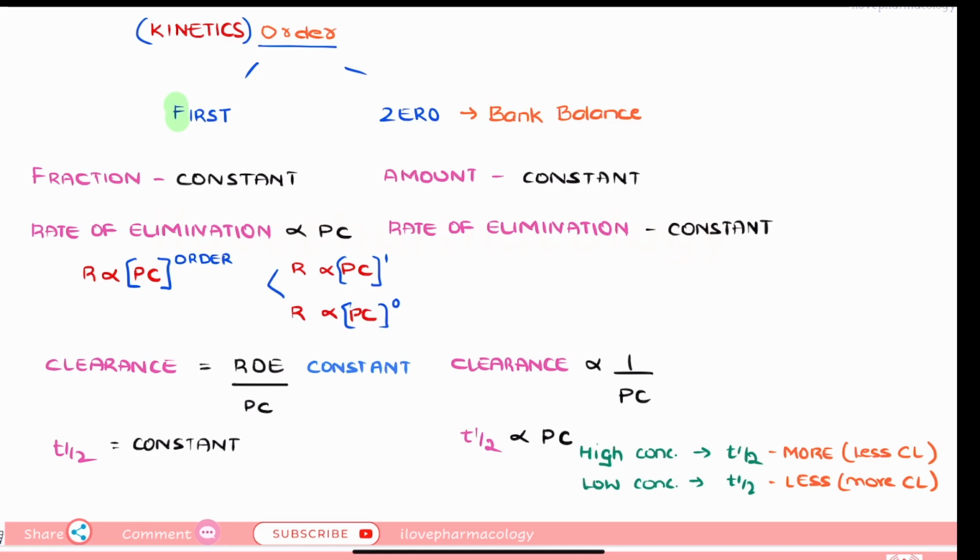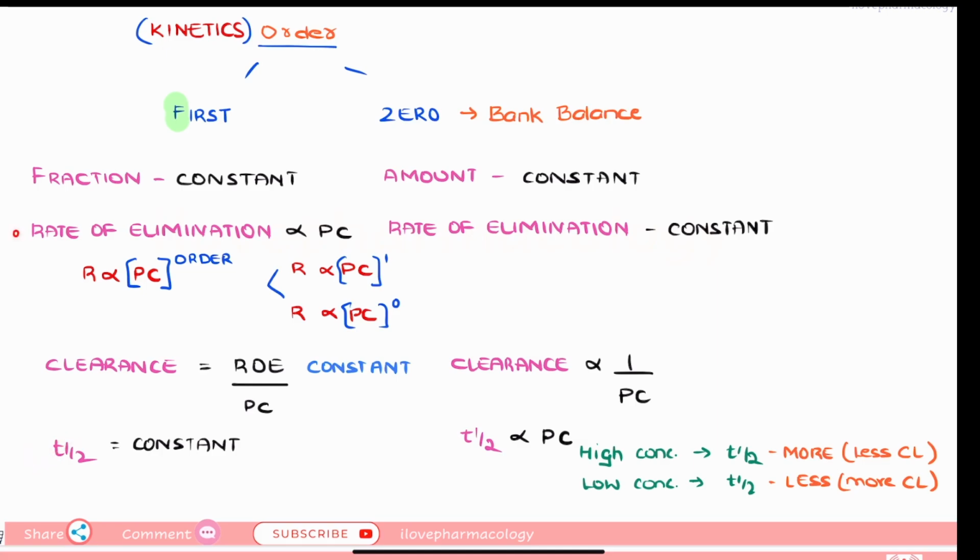So in first order kinetics, the fraction remains constant, clearance is constant, and the T half is constant. So three things you should remember: first order, fraction is constant, clearance is constant, and T half is constant.